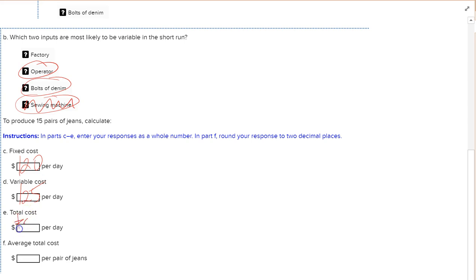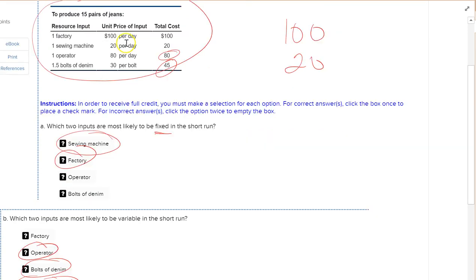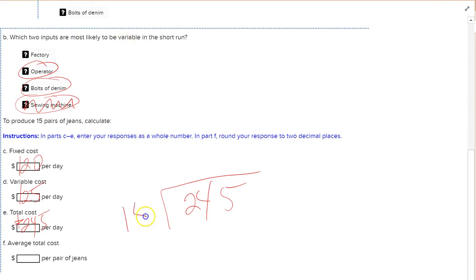So $245. And then the average total cost is going to be that total cost divided by the output that we're producing. And so this is 15 pairs of jeans. So we're going to go 15, 245, 15, and 2. This is, by the way, my third grade long division way of doing it.